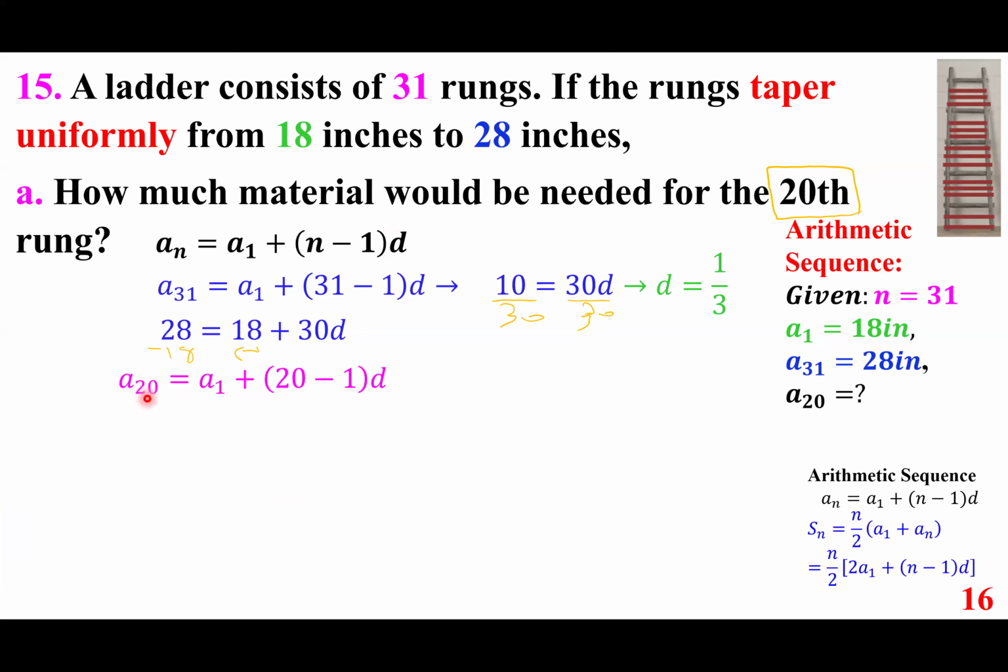So a sub 20, we don't have it. a sub 1, we have it as 18. 20 minus 1 is 19, and we have the d as 1/3.